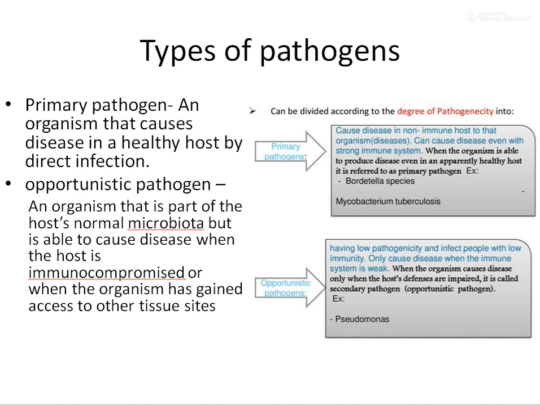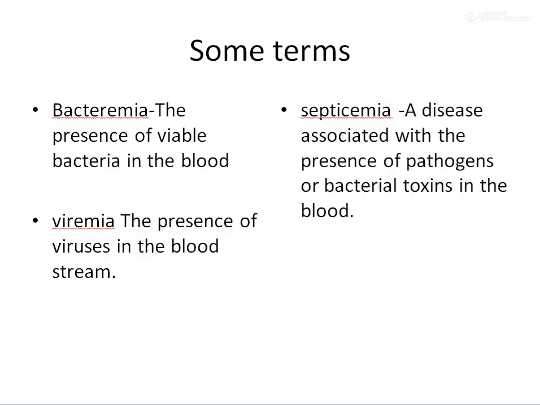Sometimes it might be caused by a primary pathogen, or sometimes by an opportunistic pathogen. You know what a primary infection and an opportunistic infection are. So, based upon what type of infection it causes, it might be called a primary pathogen or an opportunistic pathogen.